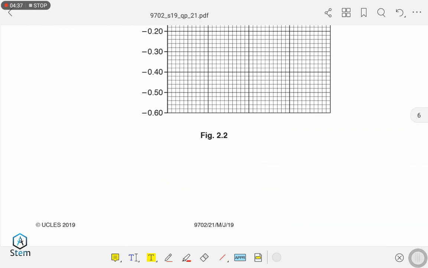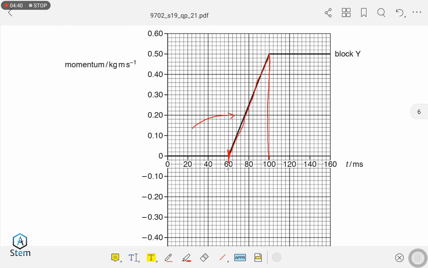Let's see what is happening from 80 to 100. We know that the rate of change of momentum is directly proportional, or similar, to the rate of change of acceleration.